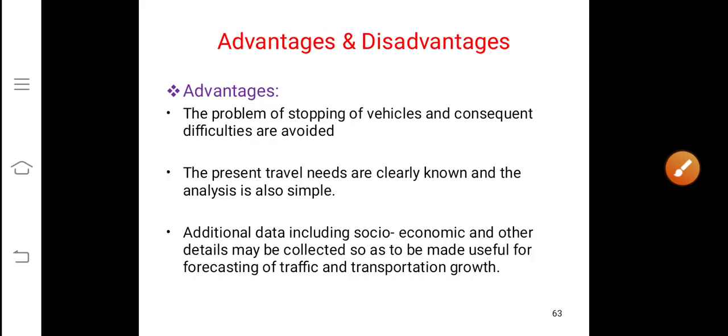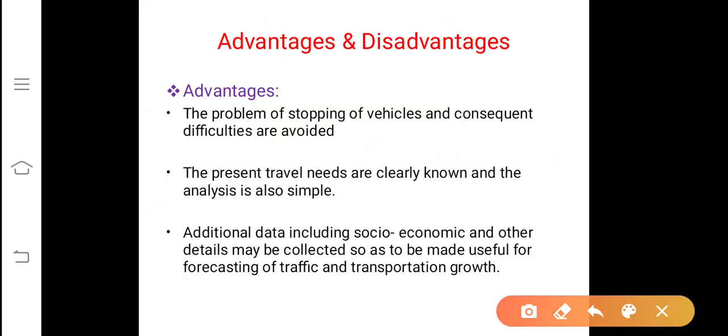This is also another figure showing the same survey by the home interview method. Here direct contact between the road users and the team member is possible. That is a big advantage of this method. Advantages: the problem of stopping of vehicles and consequent difficulties are avoided. You need not stop the vehicle because you are visiting the residence.